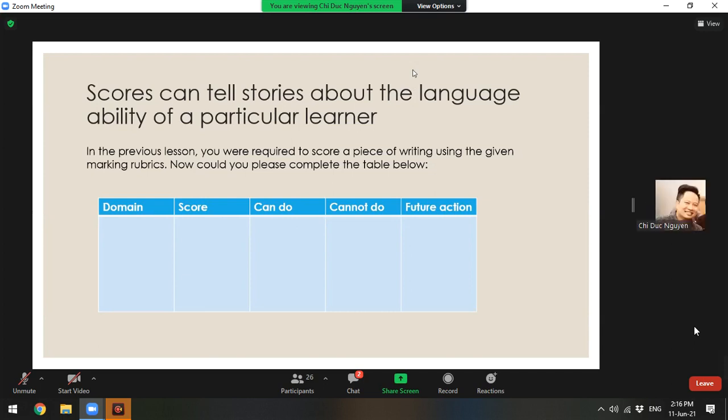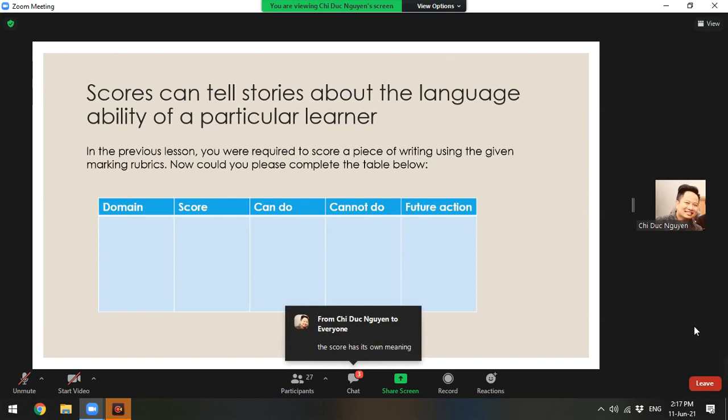Okay, so the score can reflect or tell us about the ability of the student, or the score has some kind of story to tell. In other words, the score has its own meaning. And because the score has its own meaning, I say the score is meaningful. So what is the meaning of the score?